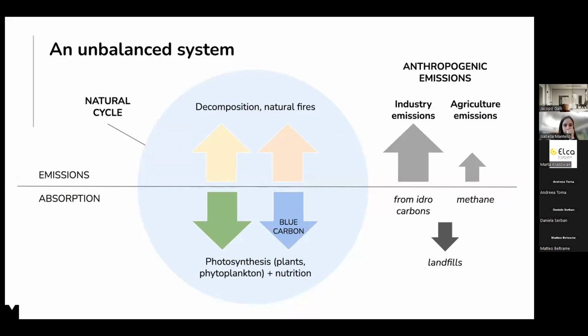we must refer to the natural cycle of materials.